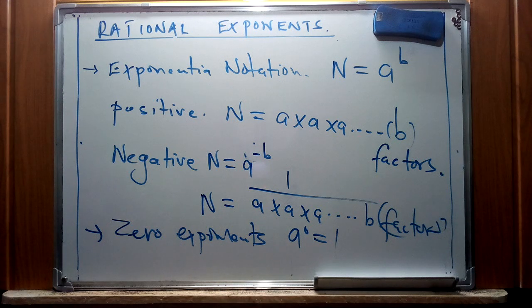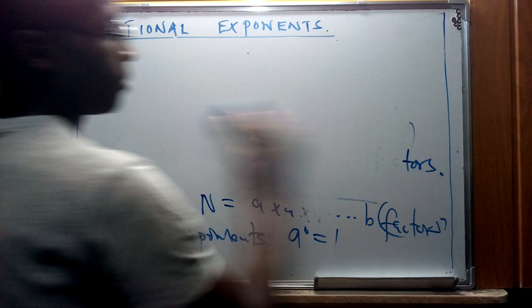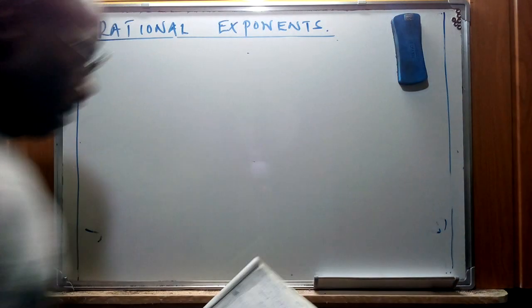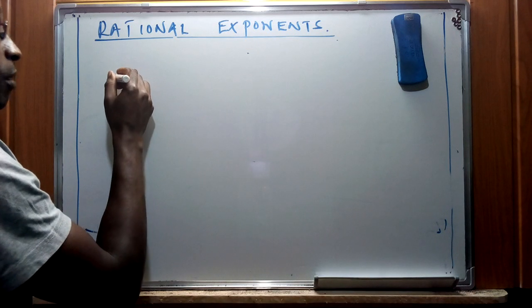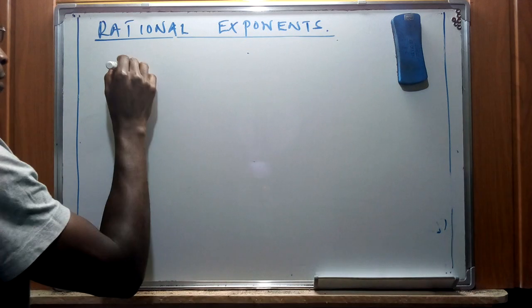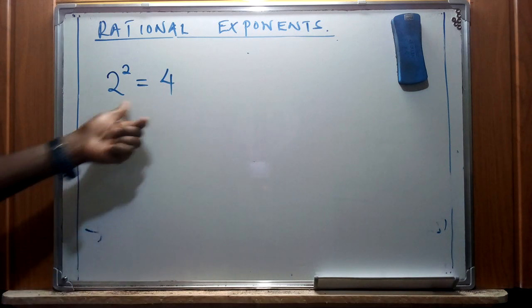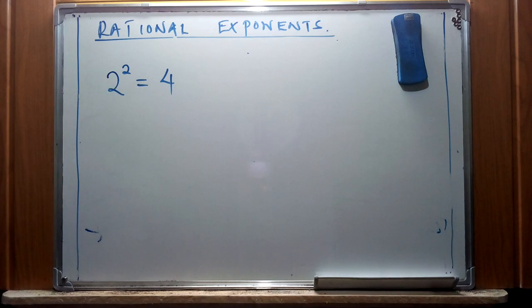So I'm going to do away with this so that we can have a quick discussion on rational exponents. If I give an arbitrary example of numbers, this is 2 raised to 2, which gives us a product of 4.